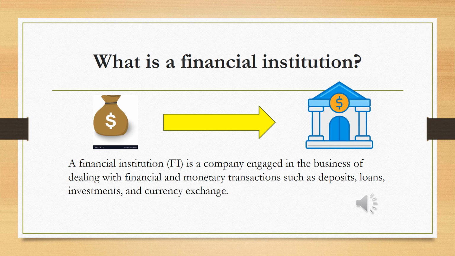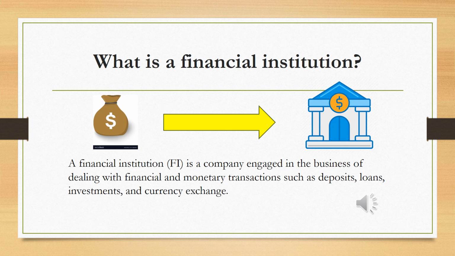Financial institutions encompass a broad range of business operations within the financial services sector. These may include banks, trust companies, insurance companies, brokerage firms, and investment dealers. Financial institutions can operate at several scales, ranging from local credit unions to international investment banks.